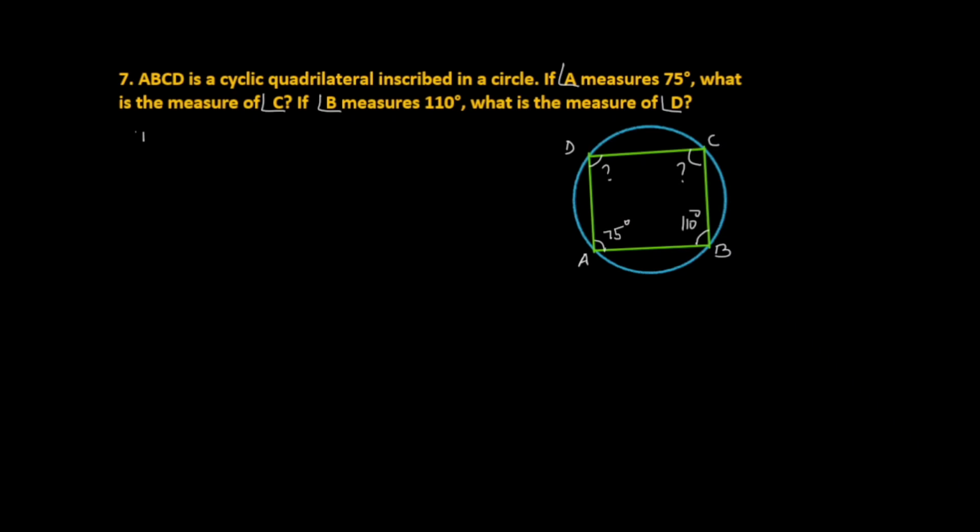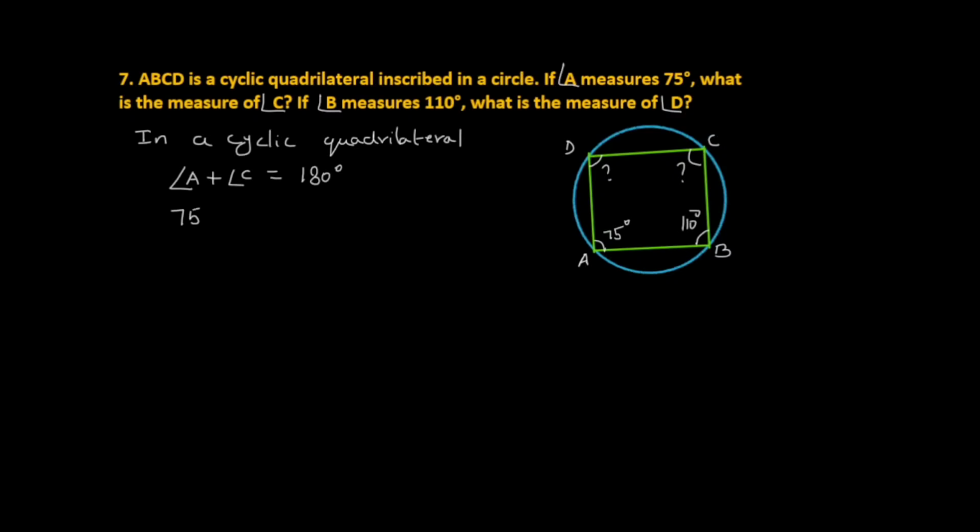So we know very well, in a cyclic quadrilateral, opposite angles are supplement to each other. Angle A and C are opposite angles, so angle A plus C is equal to 180 degrees.